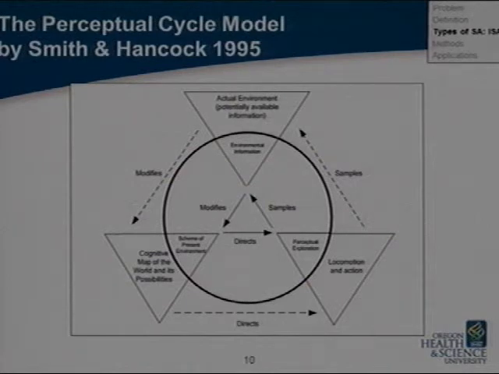Smith and Hancock argued that there is no distinction between the two, because in order to achieve situational awareness, you need to have some prior awareness about the environment. So it's this chicken and the egg issue where you must already have knowledge about the environment, and this primes your ability to seek out more information about the environment, which again primes your knowledge about the environment.